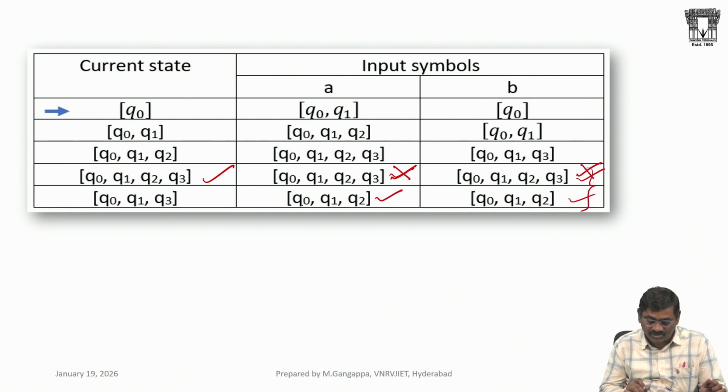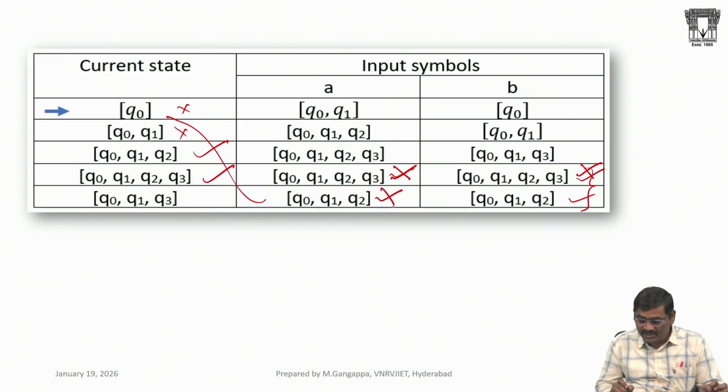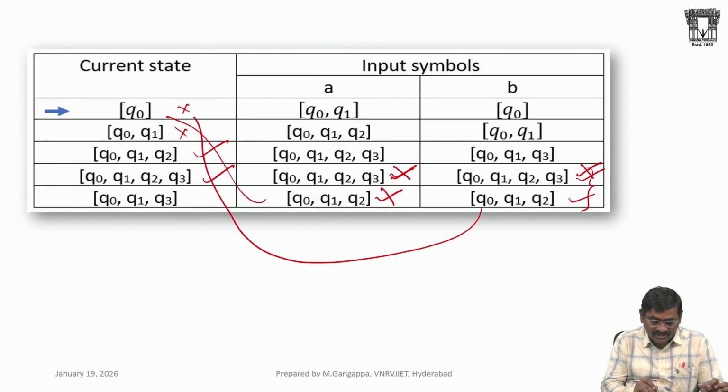Q0, Q1, Q2 is compared with Q0. This state is not same as this. This state is quite similar to this. Therefore, this cannot be the new state. Now compare this with this. This is not a new state. And this is quite similar to this. Therefore, this cannot be the new state.